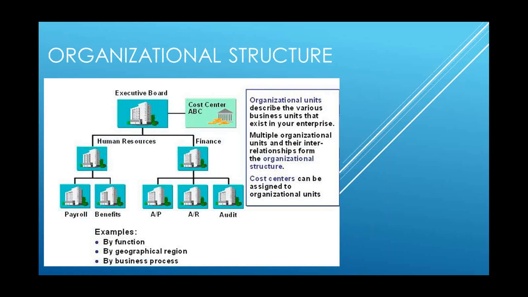You create an org structure out of the business units that exist in your enterprise, and multiple org units with their interrelationships form the org structure, and each org unit is tagged to a cost center. So that's one thing, and you can create the org structure by function, by geographical region, and also by business process.